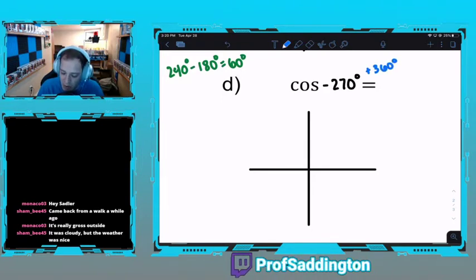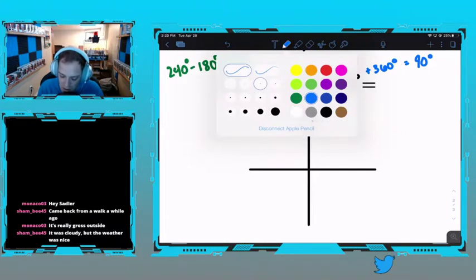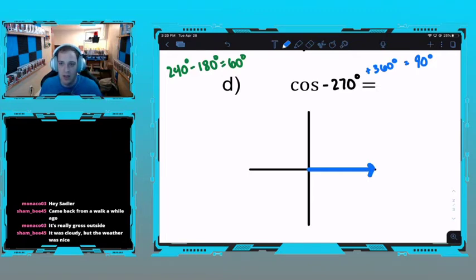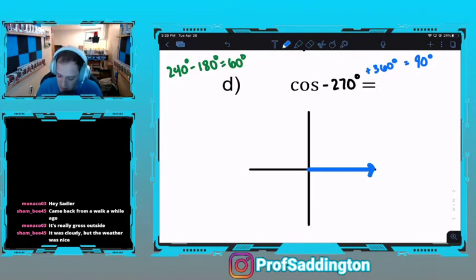And if we add 360, that's going to come out to be 90 degrees. So I've had a lot of questions about something like this already on homework number 2, as I mentioned. So we have our initial ray at the x-axis. 90 degrees falls here on the y-axis.